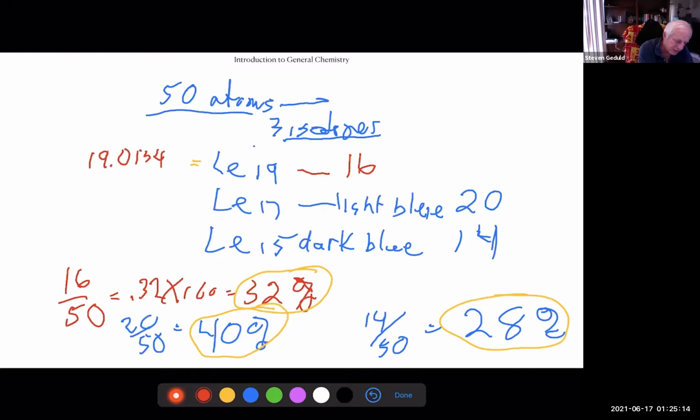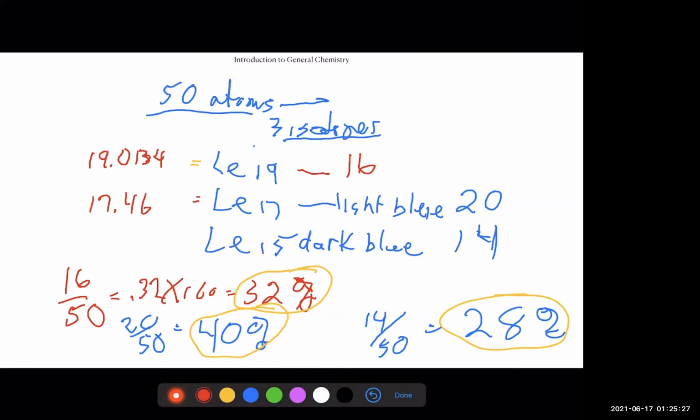Okay, those are your atomic mass units. And Le17 has an atomic mass of 17.4629. And Le15 has an atomic mass of 15.7384.